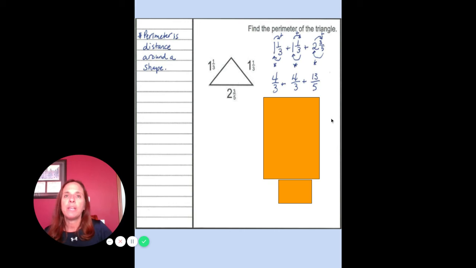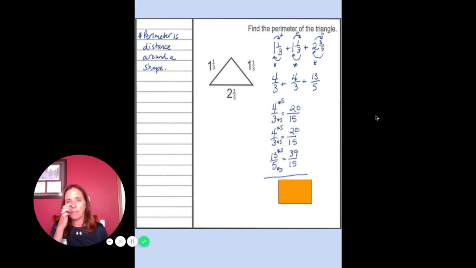So I'm going to create equivalent fractions with 15 as my denominator. For 4/3, to get to 15ths, I have to multiply 3 times 5. What I do in the denominator, I have to do in the numerator to keep that equivalent. So 4 times 5 is 20. So my 4/3 changed to 20/15ths.